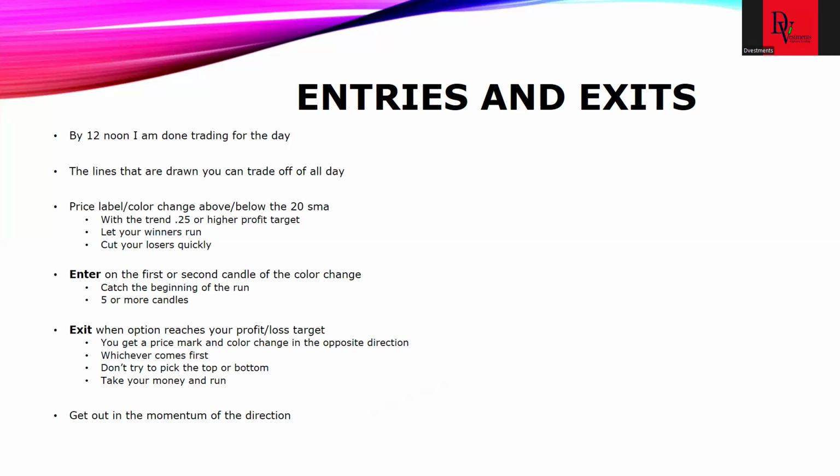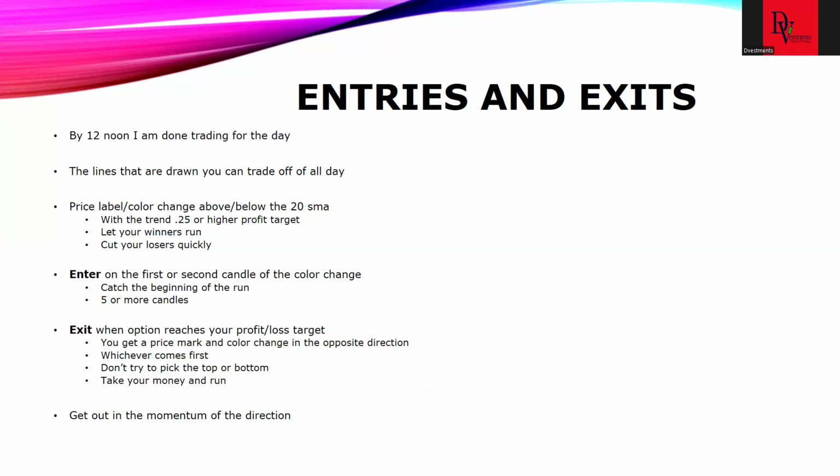Let your runners run. If you got a winner, let it run. Cut your losses early. You're going to enter on the first or the second candle of the color change, whether it's green going up or red going down, following the trend.